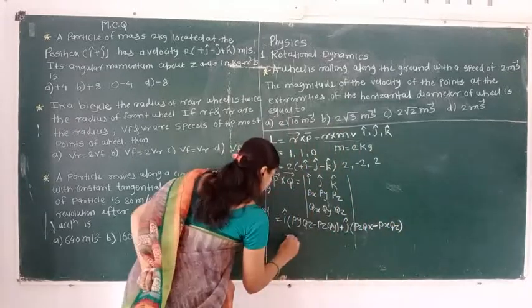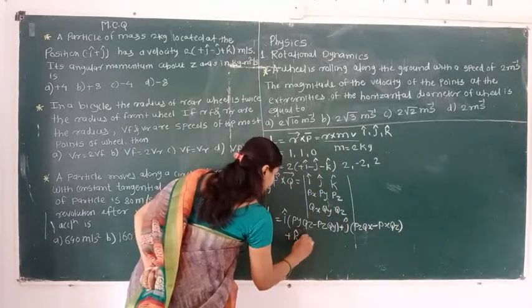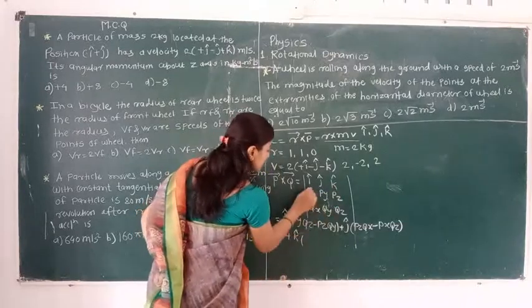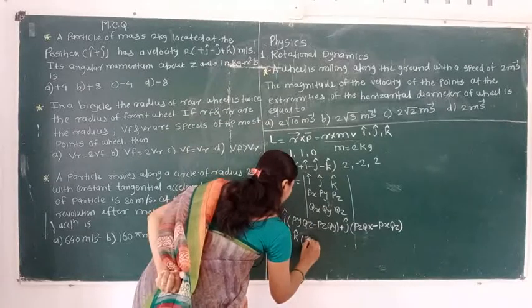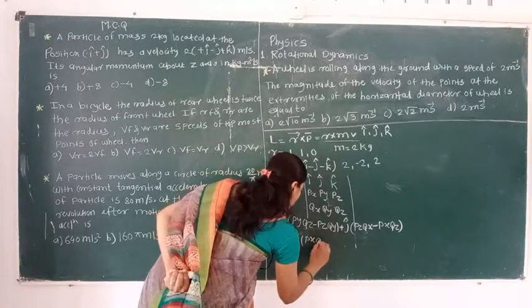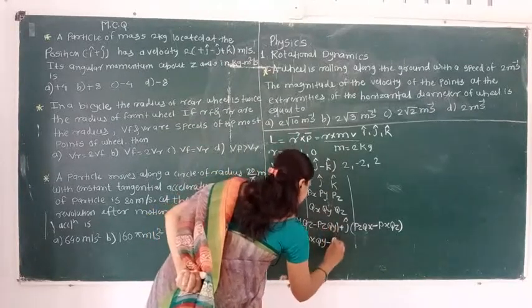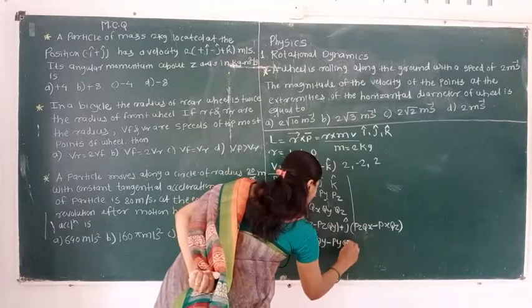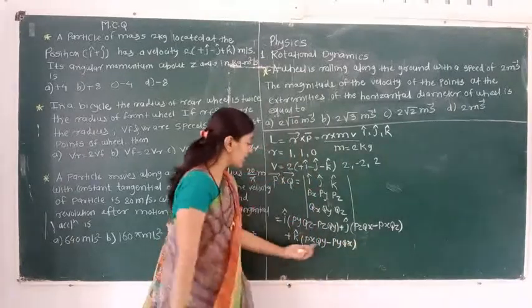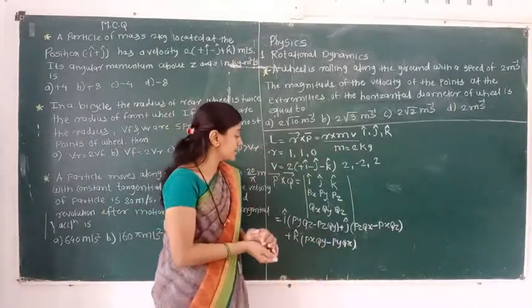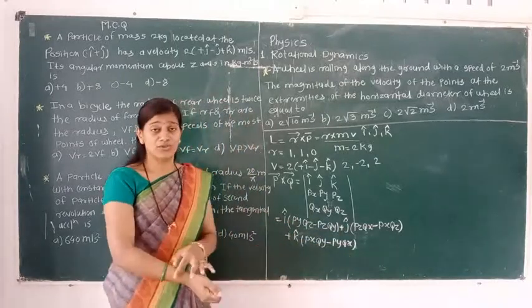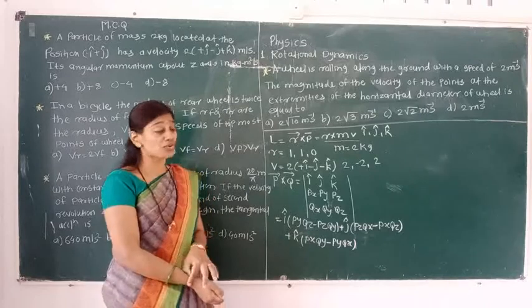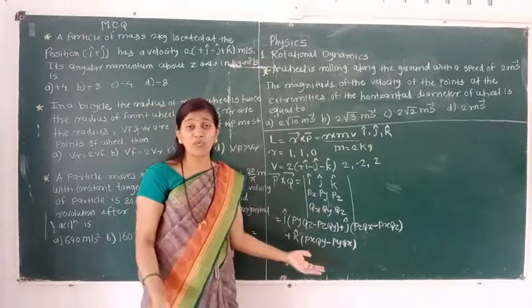Plus, last for k bar: px into qy minus py into qx. Then we get the answer by using this rule. This is the rule to find the vector cross product of two vectors in the form of a determinant.